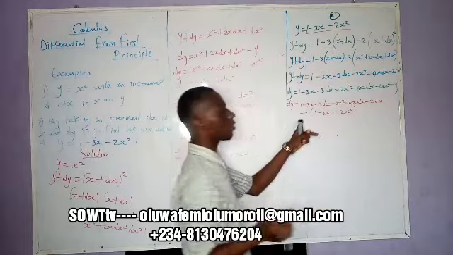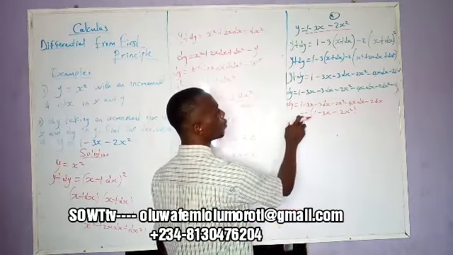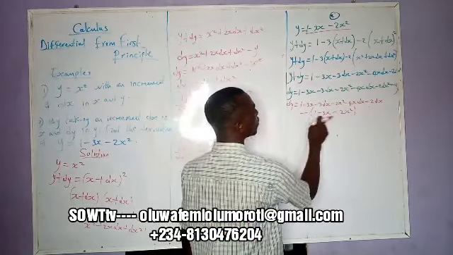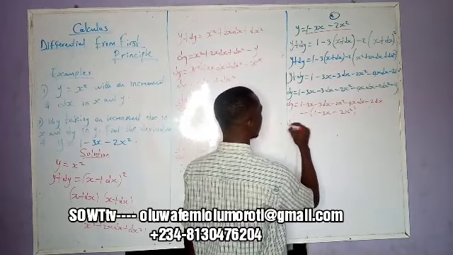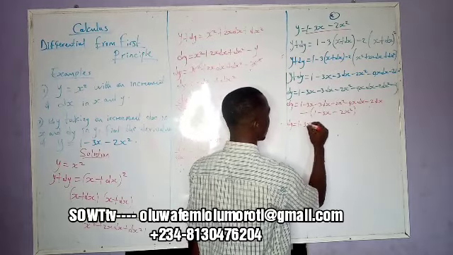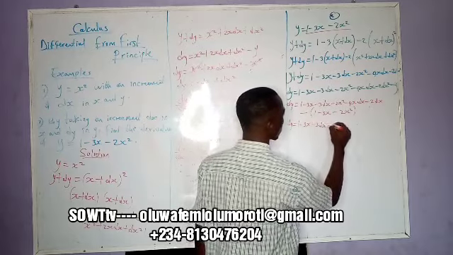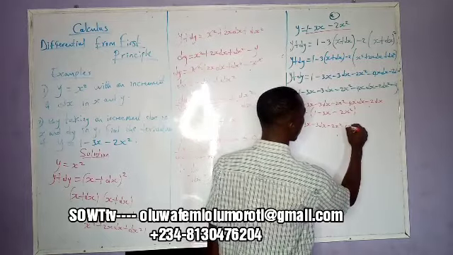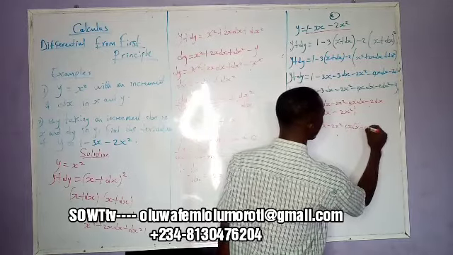The reason why I open minus brackets for this one is that by the time we use this minus outside to open the bracket, we are going to have dy equal to 1 minus 3x minus 3 dx minus 2x squared minus 4x dx minus 2 dx squared.